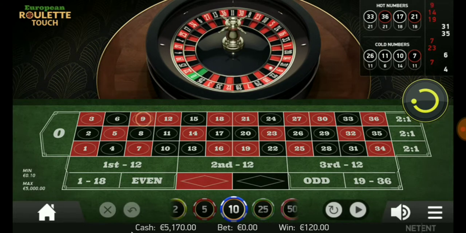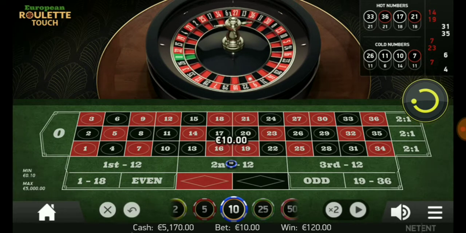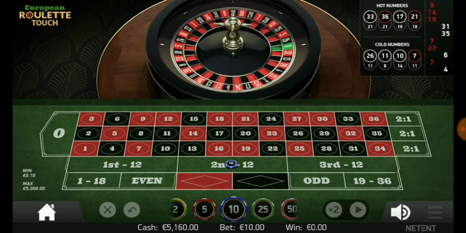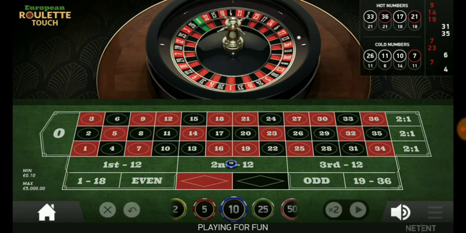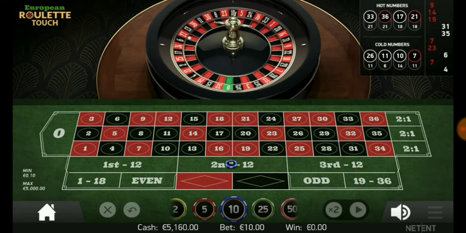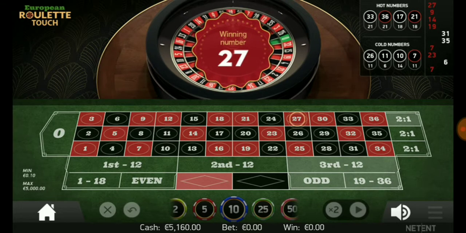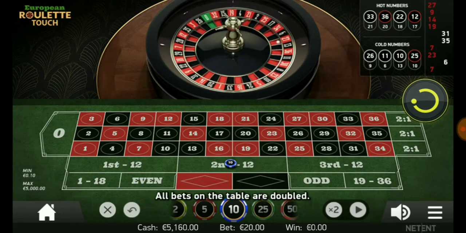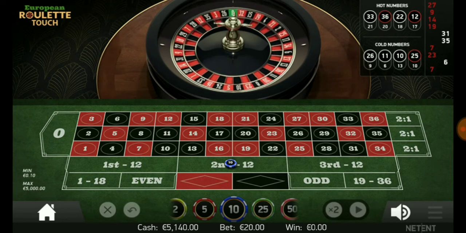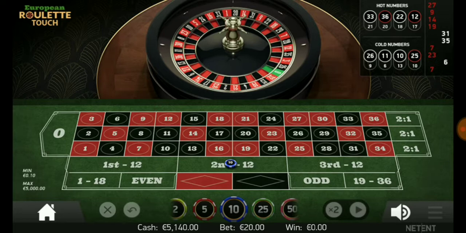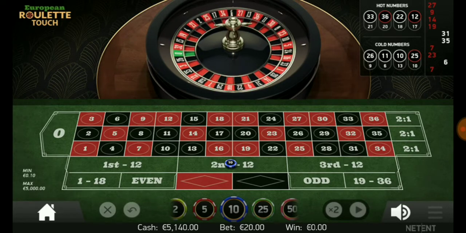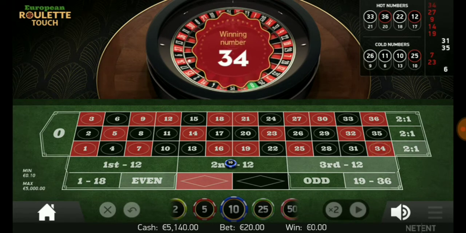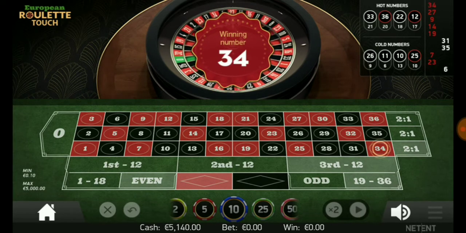Let's try that again. The winning number is 27 red. The winning number is 34 red.